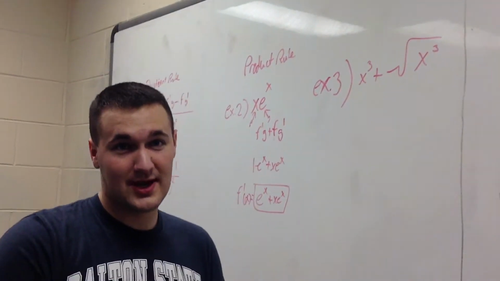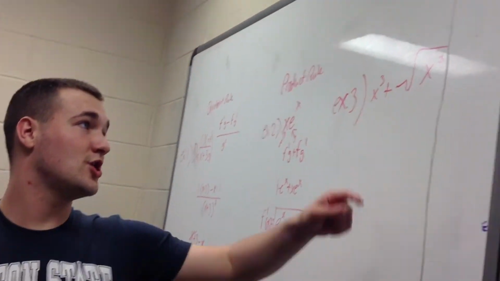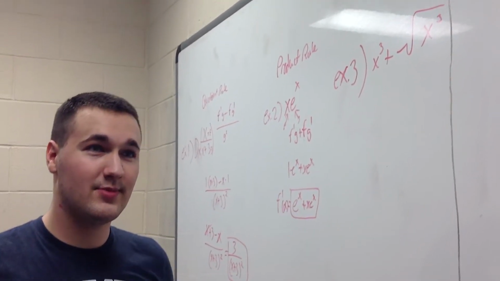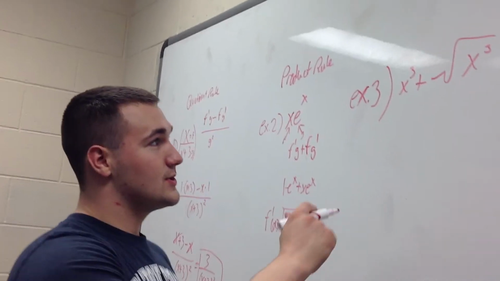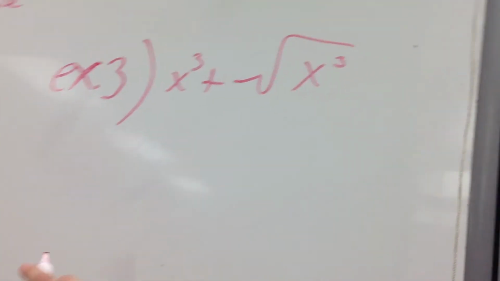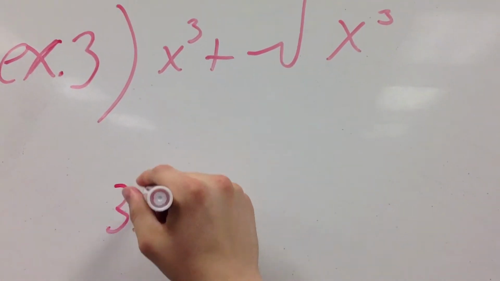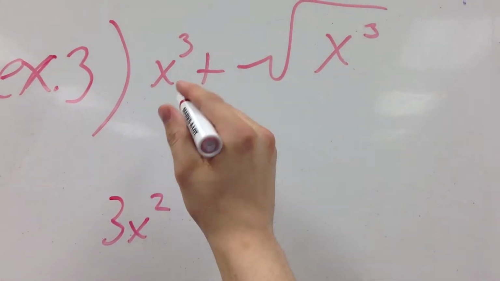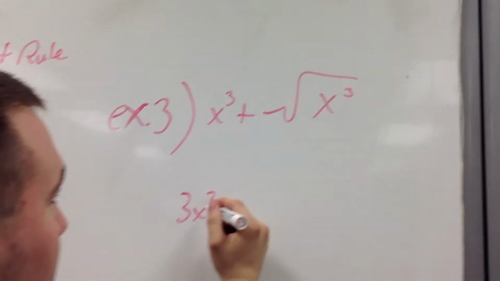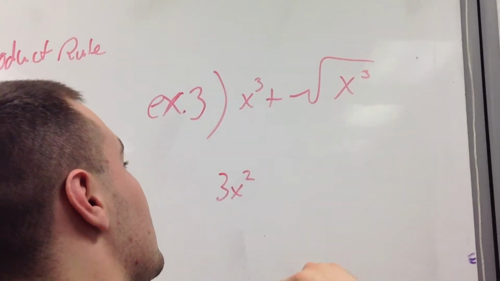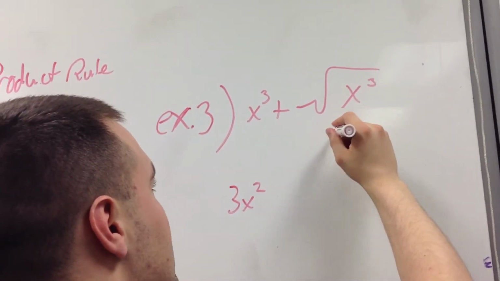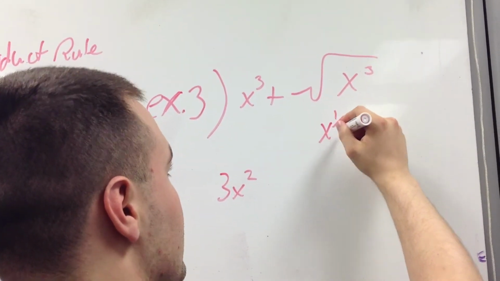Okay, then we're going to come over here. This one's even nastier. Now we're going into cube roots, and then we're going into cube roots within square roots. A little bit more difficult. So we're going to take the first derivative. This is a sum, so that's just going to be 3x squared. Because remember, you're going to pull the exponent down, then subtract it by 1. That'll give you that. What we're going to do here is imagine this as x to the 1/3.